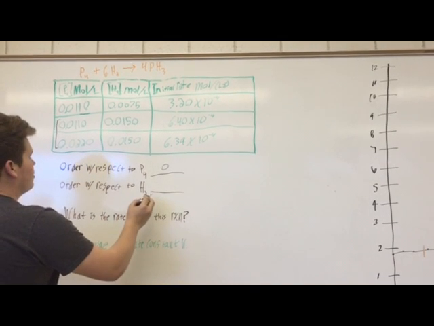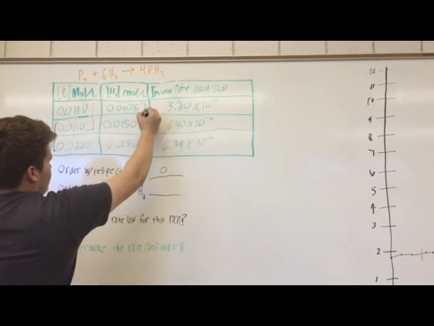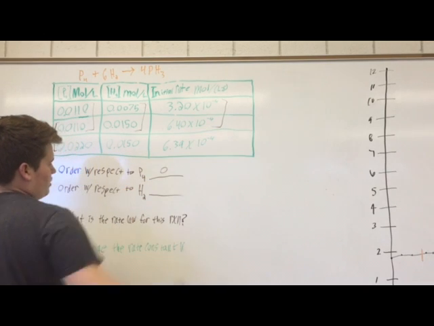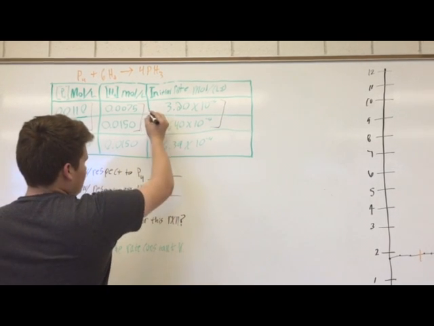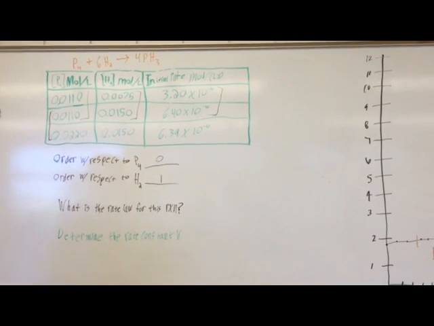And with respect to H2 here, you're going to find when these are constant and these are changing, and if you look at the rates, you can see that they're doubling, and since this doubled and this doubled, it's just going to be first order, so it's the same amount of change.